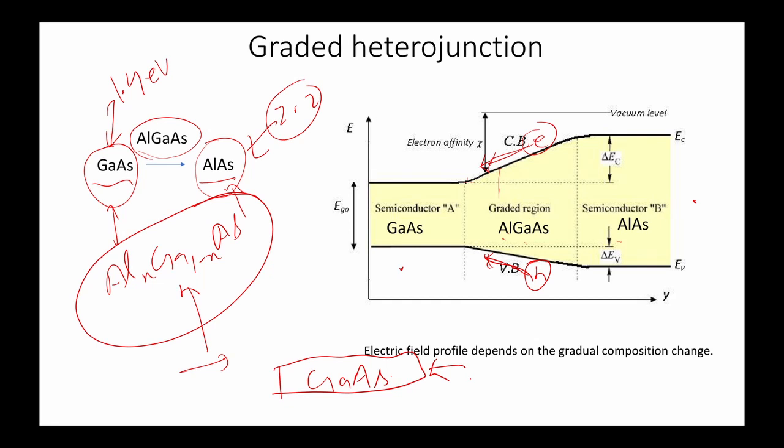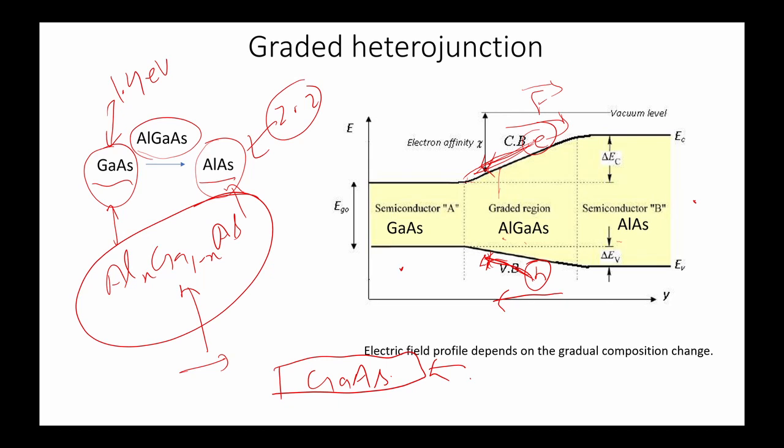So both electrons and holes are moving in this direction, and the electric field is in this direction for the electron, and in this direction for the hole.